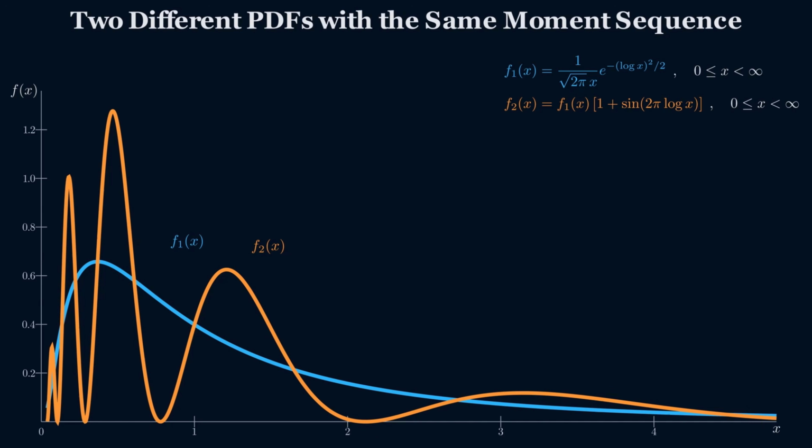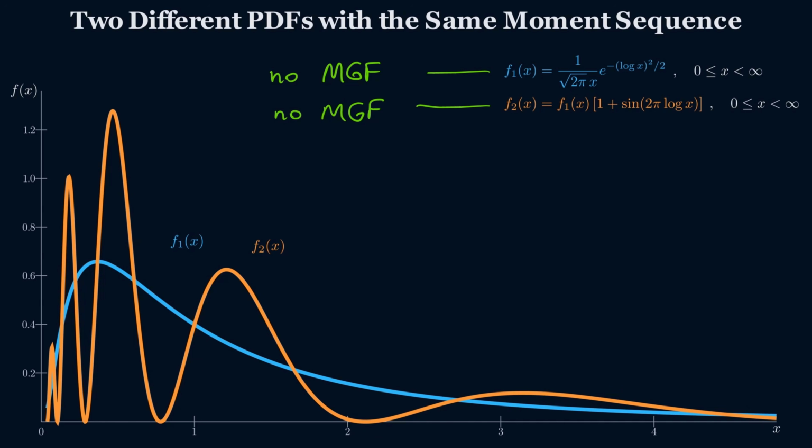Now let's return to the opening puzzle where we looked at two PDFs that have the same infinite sequence of moments and yet are completely different PDFs and look completely different. The problem with these is that neither of these admit an MGF. In other words, the MGF does not exist in the neighborhood of 0 for both of these.